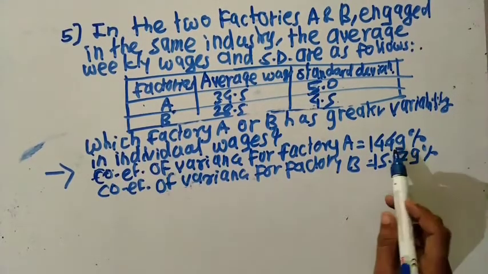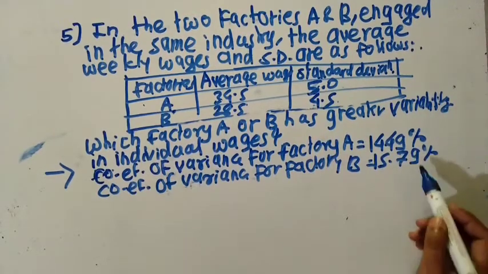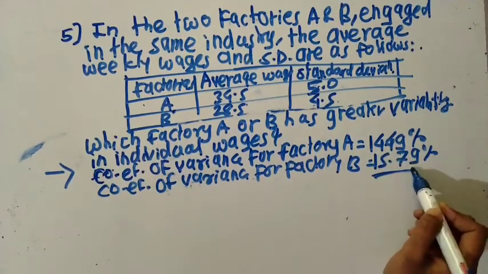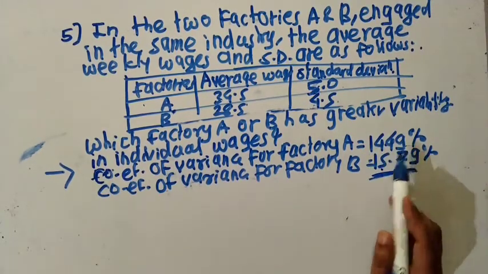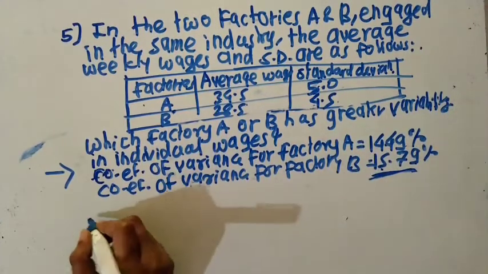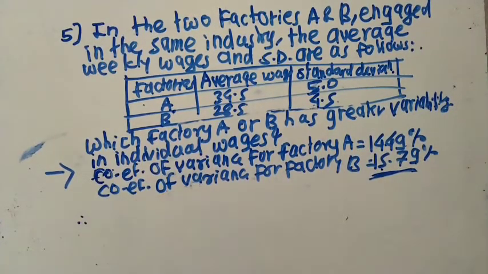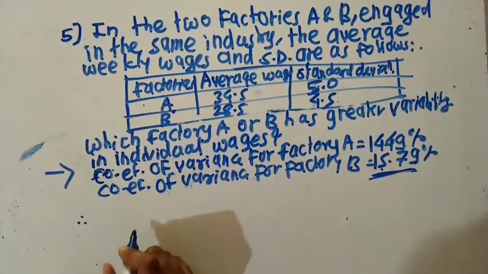But here we have to find out greater variability. Greater variability means this is greater. 15.79 is greater than this, means factory B has greater variability while factory A is more consistent.